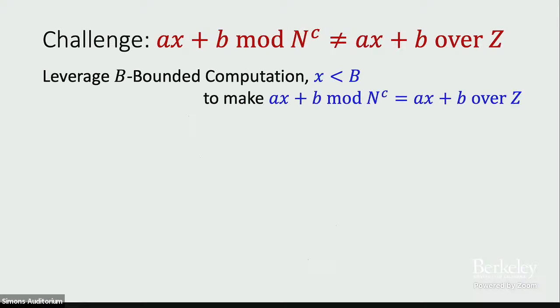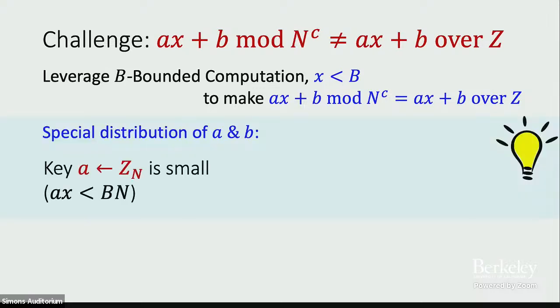It turns out that if the computation is B-bounded, then that's really simple, because I can always make sure that the value x is B-bounded, and I can choose a and b in a way that the whole ax plus b is much smaller than N^c, right? Then basically the modular arithmetic doesn't take effect. That's what we do. In fact, the Paillier key can actually be pretty short.